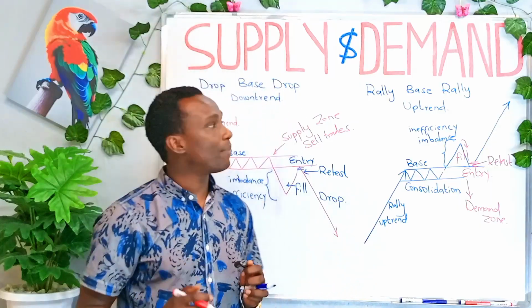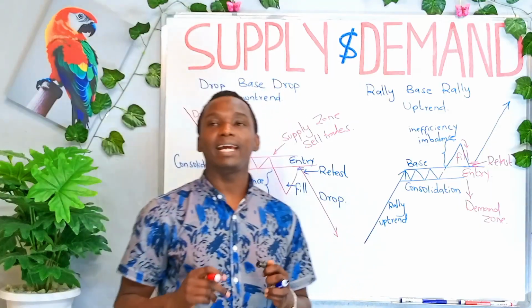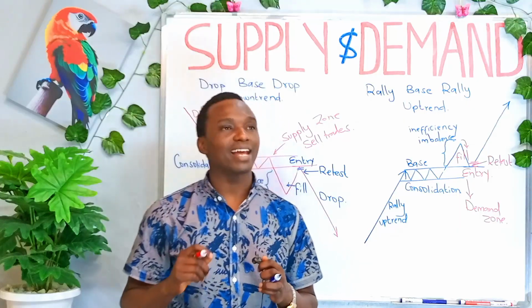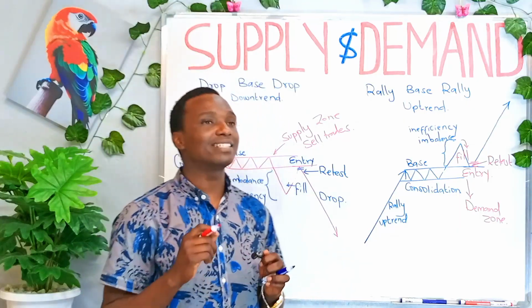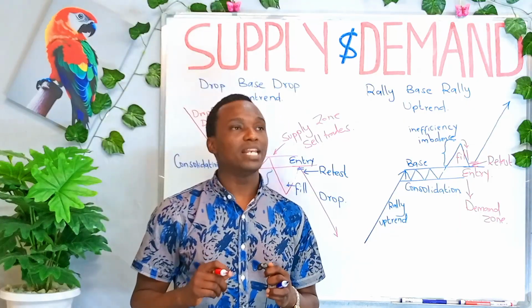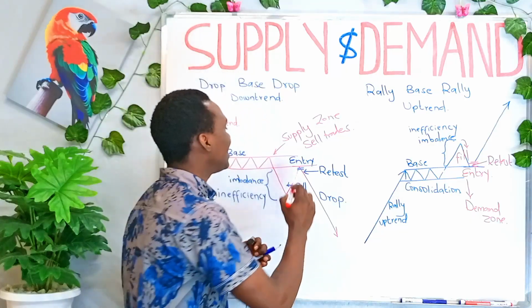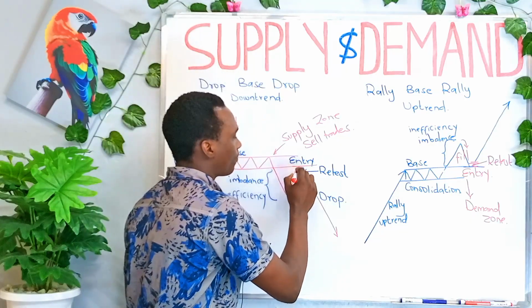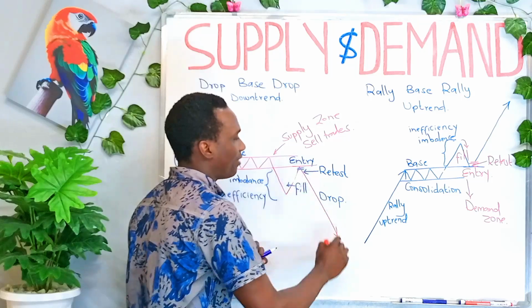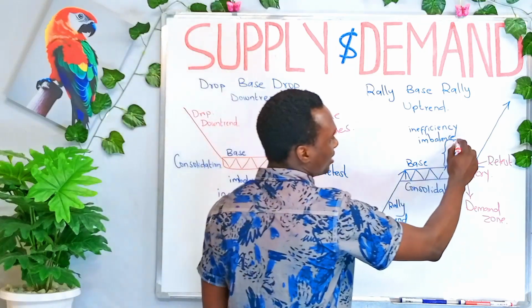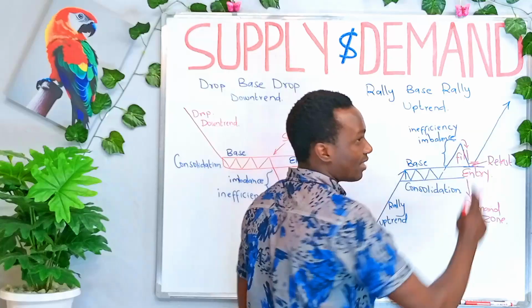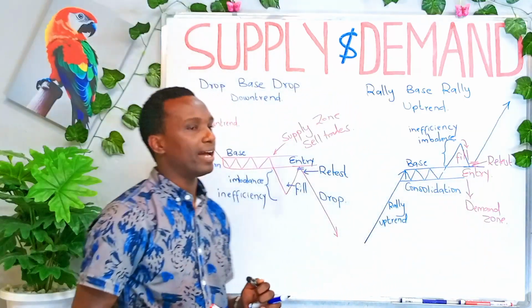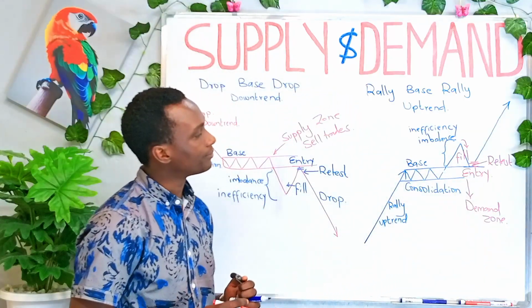Remember, the best supply and demand zones are areas that are untested before, meaning that the price has not yet returned to these zones before. It returns once and then drops, returns to these zones once and then goes higher and higher.